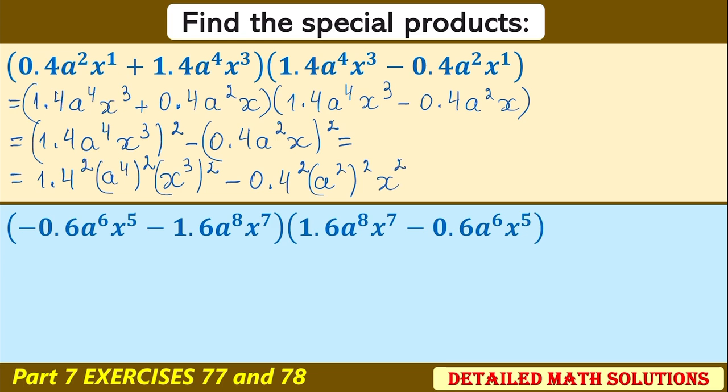When I simplify further, this equals 1.96 a to the 8th power x to the 6th power minus 0.16 a to the 4th power x squared.